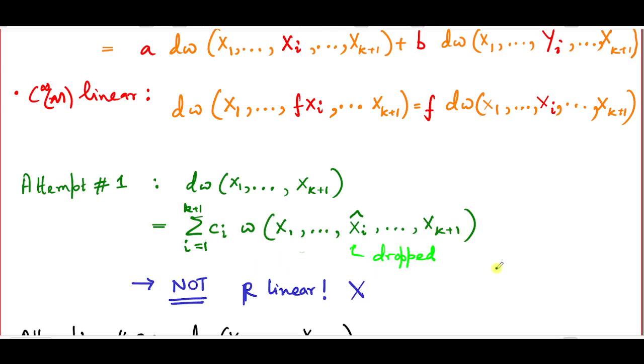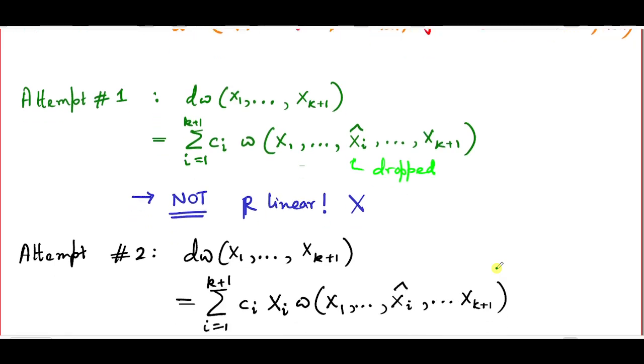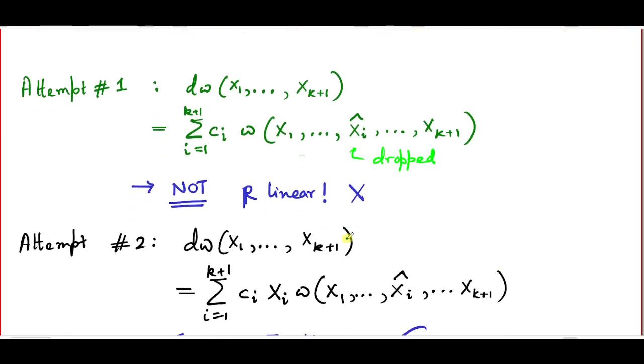Now there is a way to correct that, which is simply drop xi from the list. Of course, that is what the hat here signifies. But once you get the function omega acting on x1, x2, xi minus 1, xi plus 1, all the way up to xk plus 1, act upon the resulting function by xi.